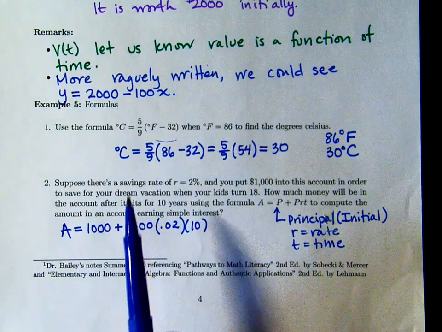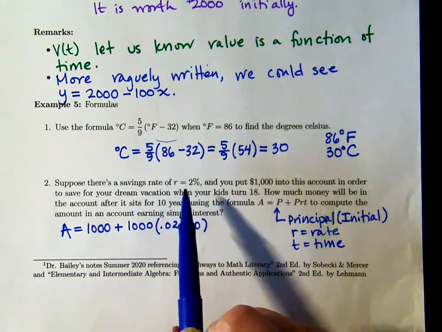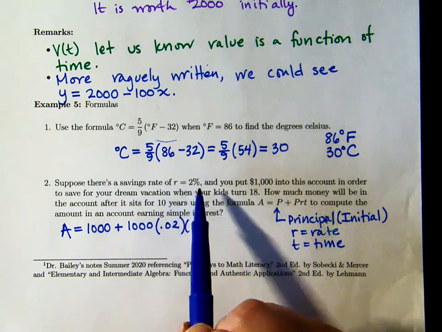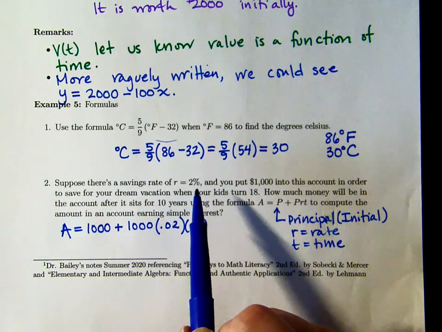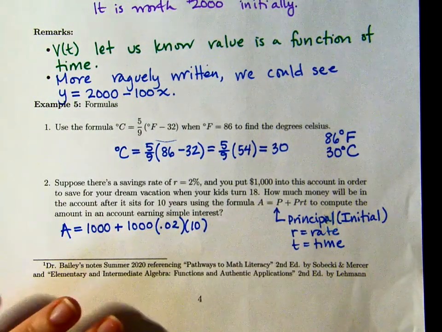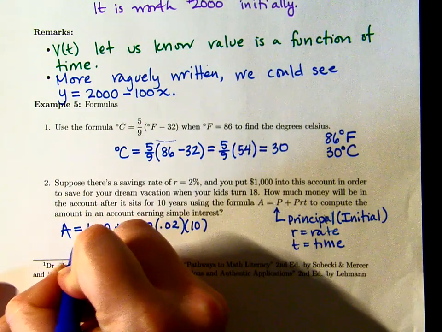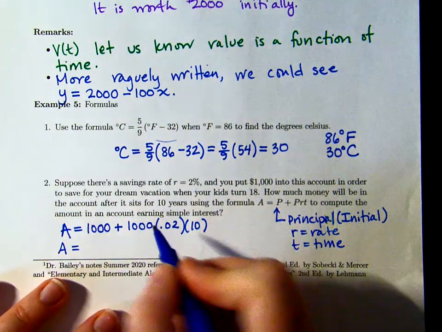Okay. By the way, this rate is 2% a year for 10 years. Right on. I think we're ready to compute this.